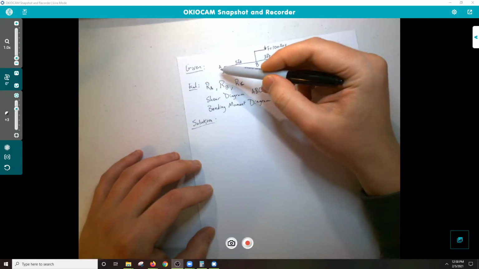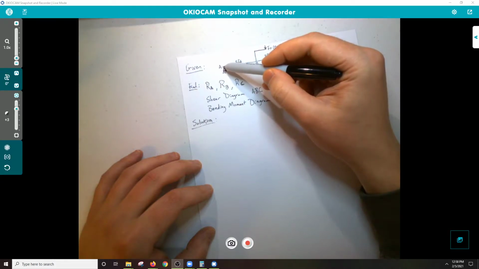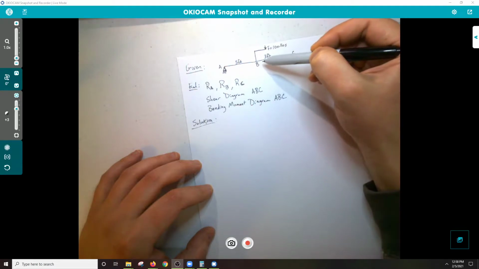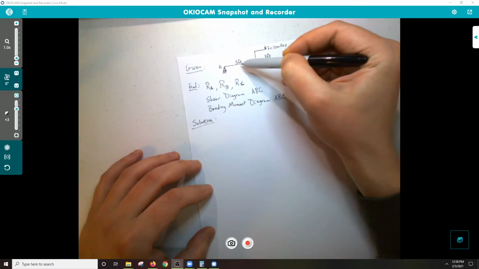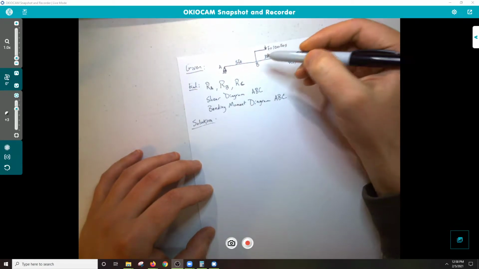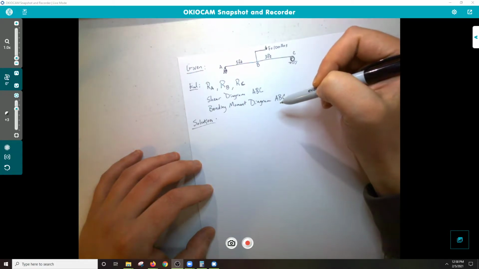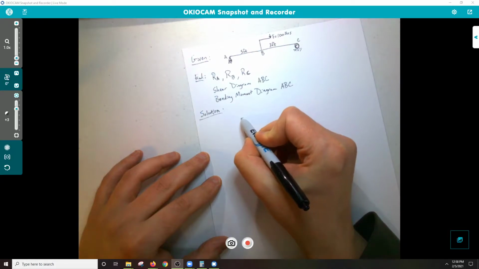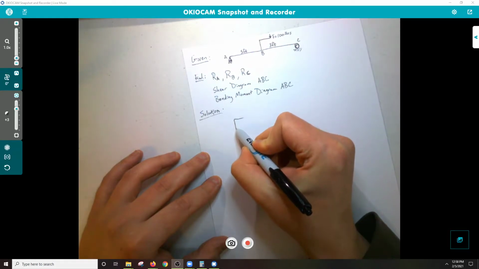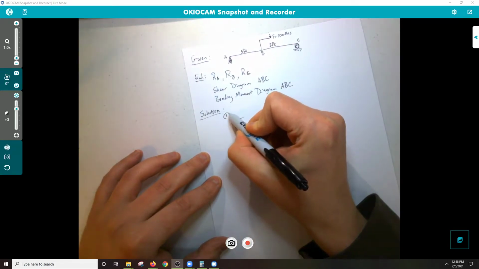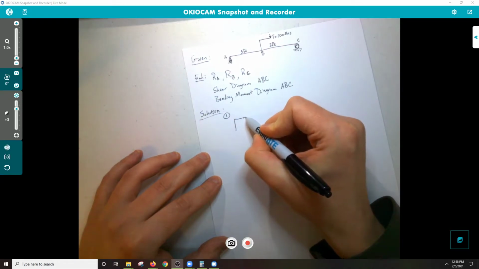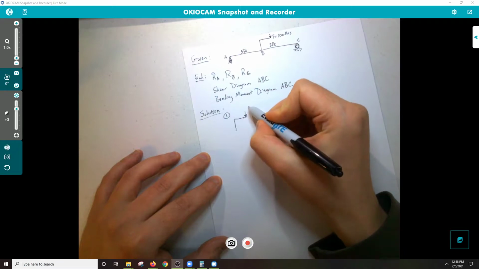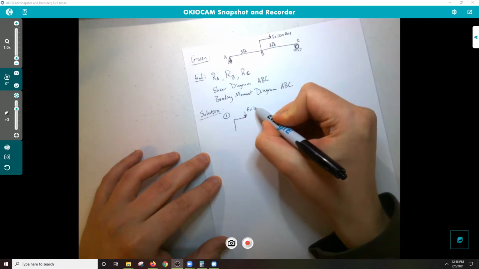And yeah, we could solve for reactions at A and C without thinking of this all as one part. But again, that doesn't help us when we're trying to really solve for forces and bending moment diagrams within beam ABC. So we have to break this apart. So what we're going to do is we're going to have two free body diagrams. The first one, so I'm going to label one here. So we have a force of 100 pounds.